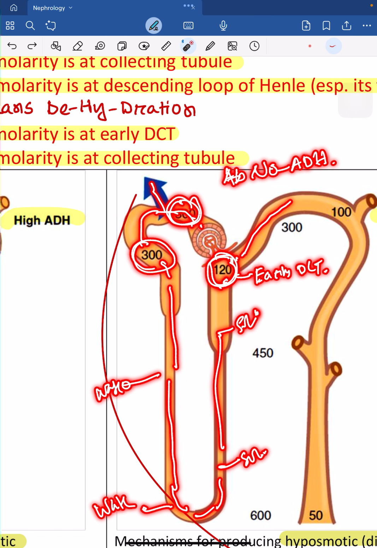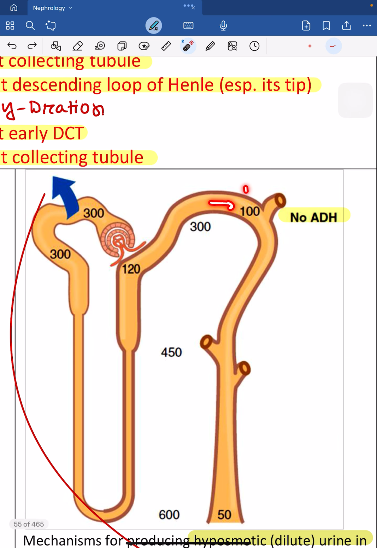When it goes to the late distal convoluted tubule, again the osmolality goes down, and in the collecting duct it also goes down.